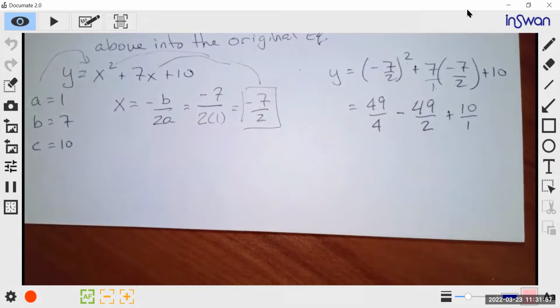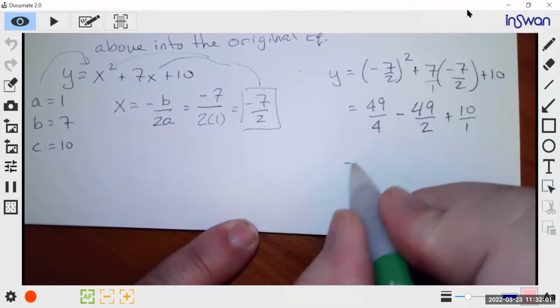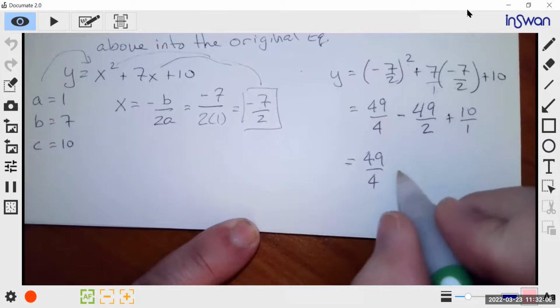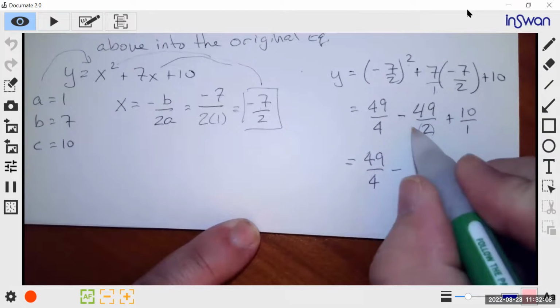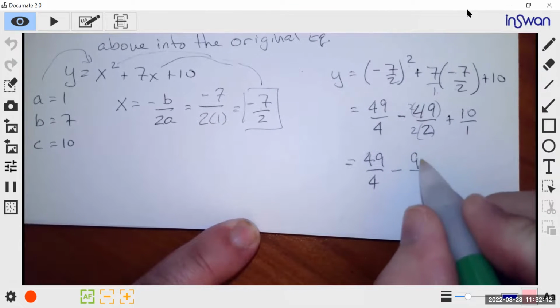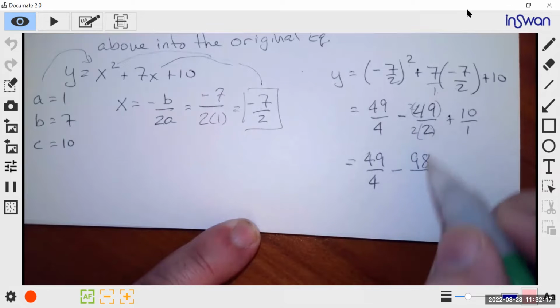Since the smallest denominator all of them fit into is 4, leave that one alone. This one needs a 2, so multiply top and bottom by 2. 2 times 49 is 98. 2 times 2 is 4.